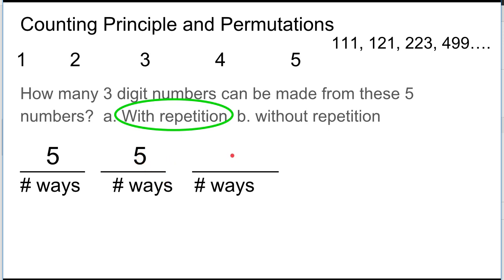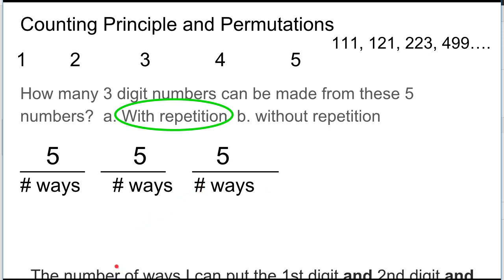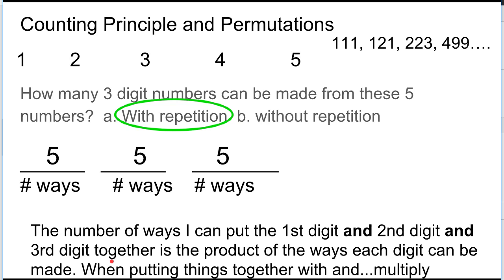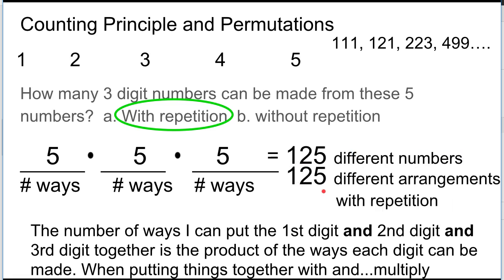And then the third digit, once again, because I'm allowed to repeat the numbers, I get 5 different numbers I can put there. So to find the number of ways I can put these 3 digits together, I multiply those, and that's 5 times 5 times 5, or 125 different numbers, or 125 different arrangements.